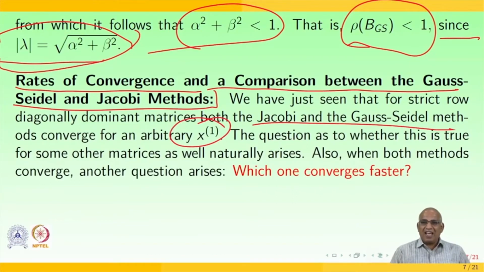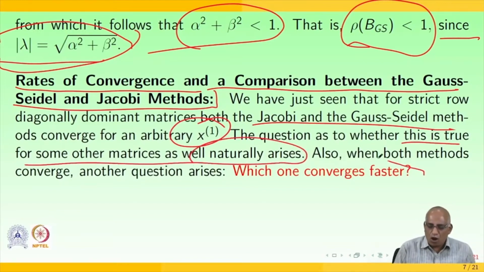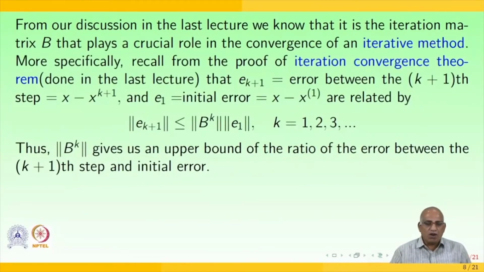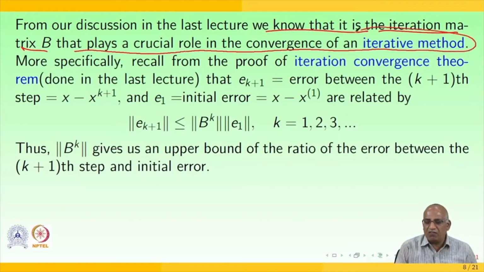The question is whether this is true for some other matrices as well. So how can you ensure faster convergence? From our discussion in the last lecture, we know that it is the iteration matrix B that plays a crucial role in the convergence of an iterative method.